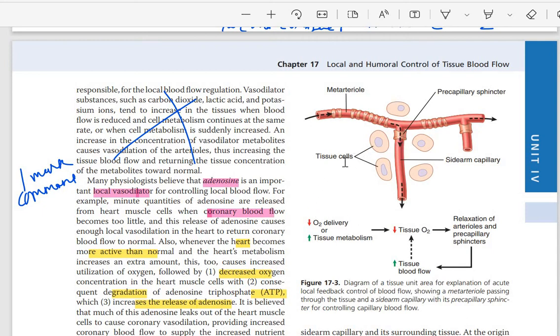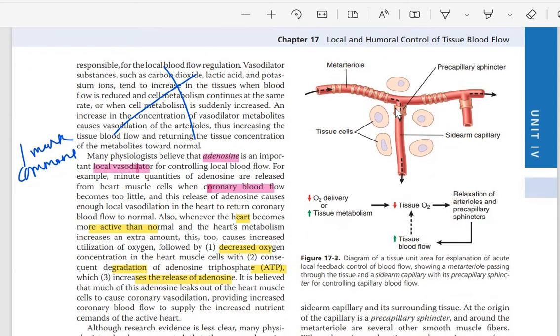But as the tissue uses all the oxygen, there is also deficiency of oxygen here. So the muscle is now not contracting, the sphincter is relaxing, vasodilation occurs, and blood flows to the side arm capillary and supplies this tissue.